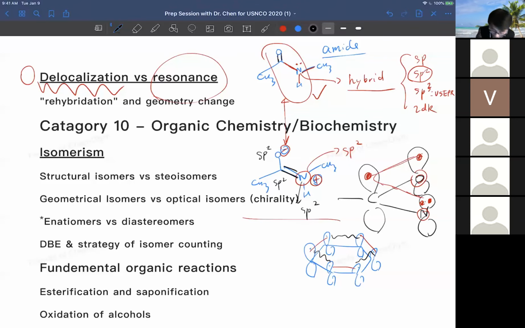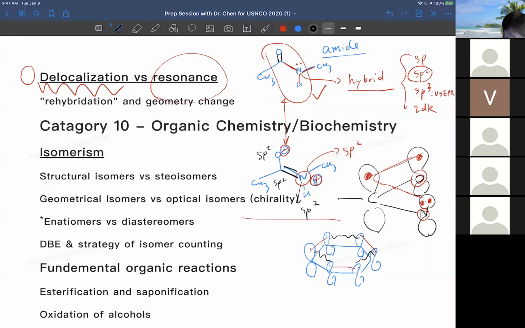But now we can say all of the 6 p orbitals are perpendicular to the plane and parallel to each other. So they make delocalized pi bonds. Yeah, in organic chemistry, this is called conjugation, right? So now we don't need to care about which 2 atoms make a double bond. We can say all of them are delocalized.